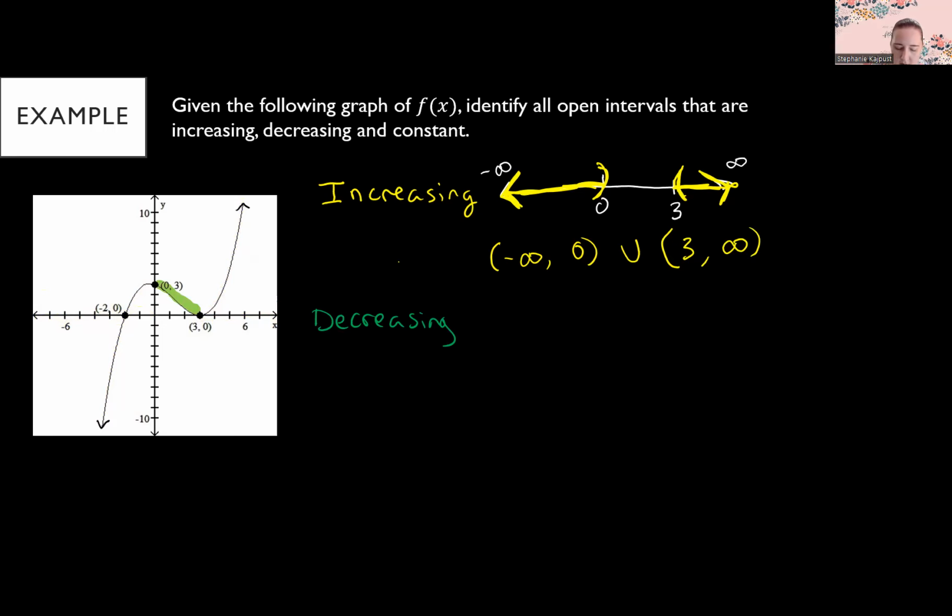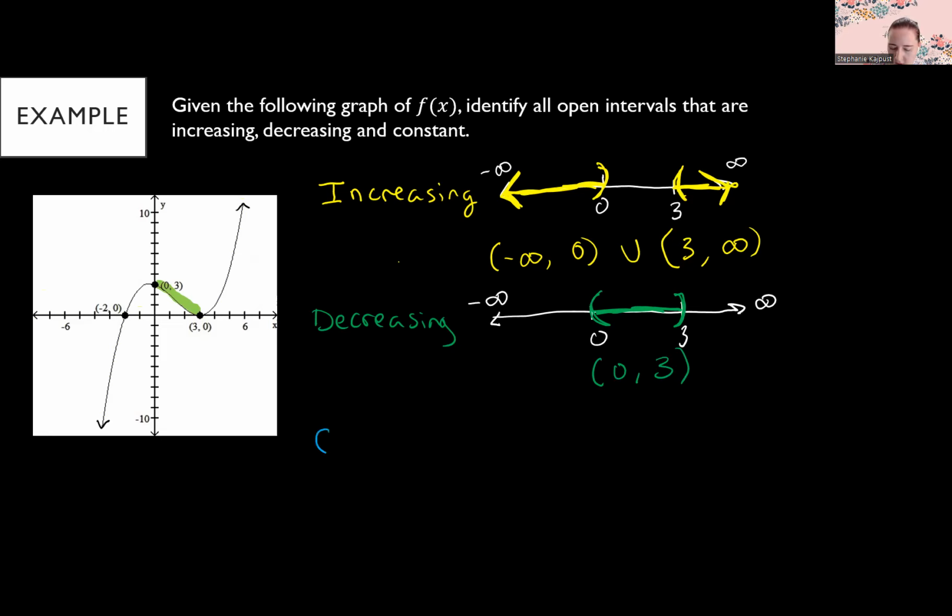So I go back to my number line, and I've got 0 and 3 on my number line. We're decreasing between 0 and 3. And open intervals, so we're going to be using parentheses there. So the interval notation is (0, 3).